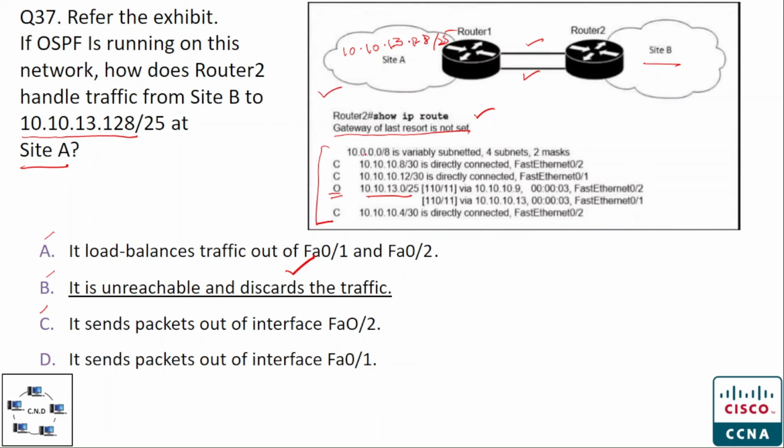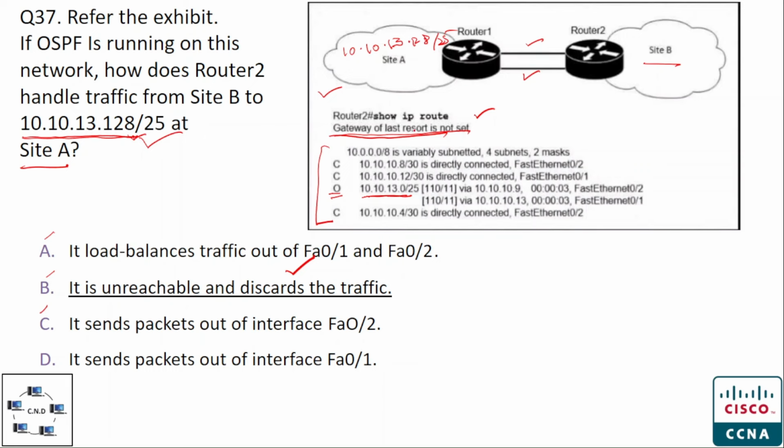And why is that? Because we have no route available for this network. This route is available, but this route does not include this particular network or subnet. And we also don't have the gateway of last resort. That's why it is unreachable and the traffic for this network is discarded.